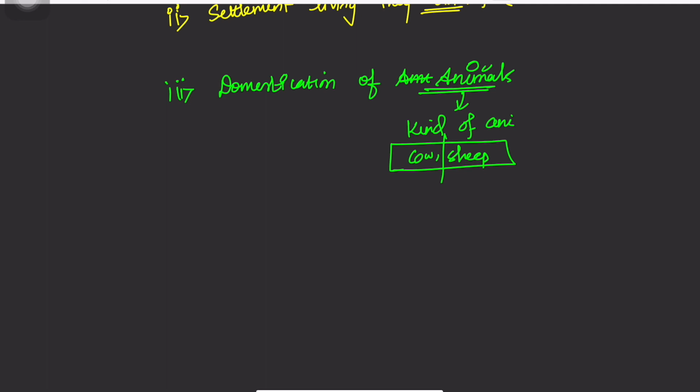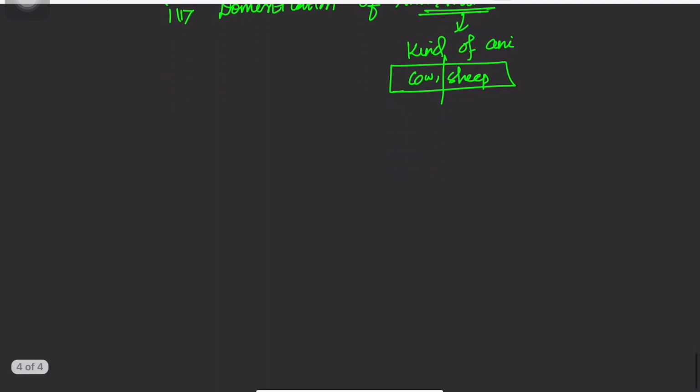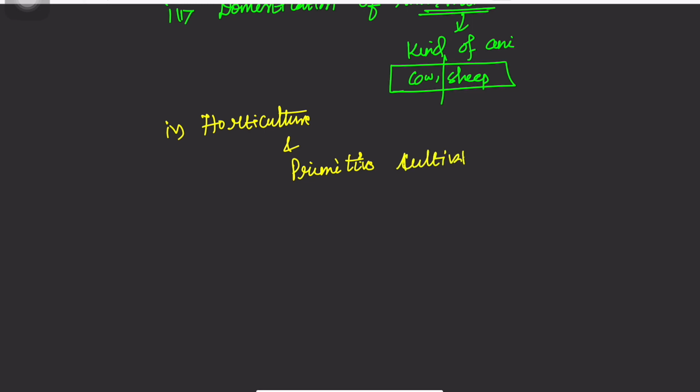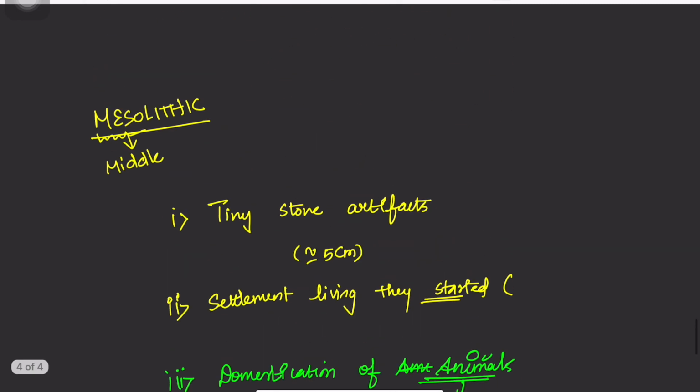Okay, then they started cultivation of horticulture, and primitive agriculture or primitive cultivation. But actual agriculture and plantation started in Neolithic. Okay, primitive cultivation started here in Mesolithic. The Mesolithic time period was around 10,000 BC to 6,000 BC.